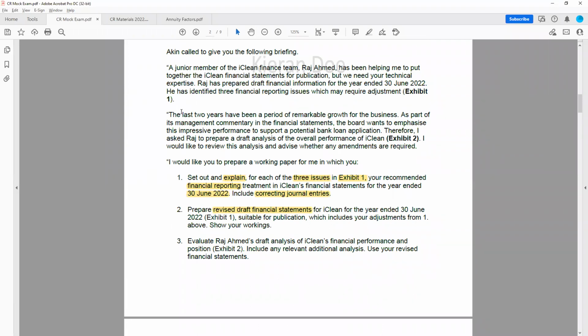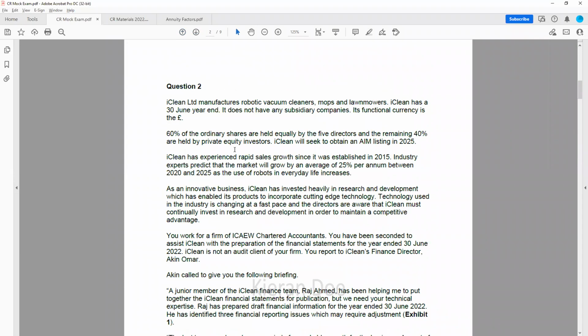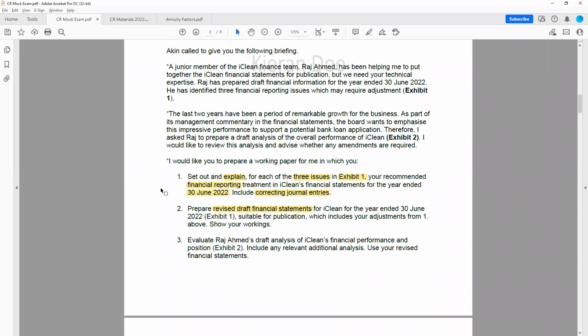You've got the 3 issues. For each issue, you're going to need to explain the FR treatment, but you also, for this part, need to include the impact on the draft financial statements. So I'd always see these 2 requirements as interrelated. It's almost like they're one requirement really: they'll explain in words the FR treatment and then show the impact on the draft financial statements.